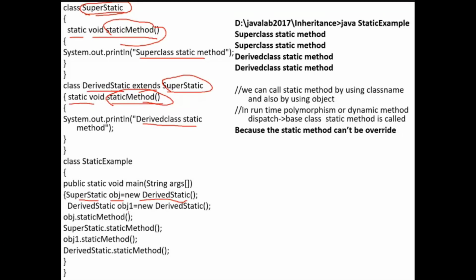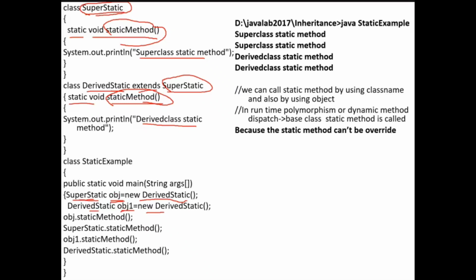Both are possible. Here I have created two objects. One is obj, whose reference type is SuperStatic but which contains a derived class object. The other is obj1, whose reference type is DerivedStatic and which also contains the derived class object.